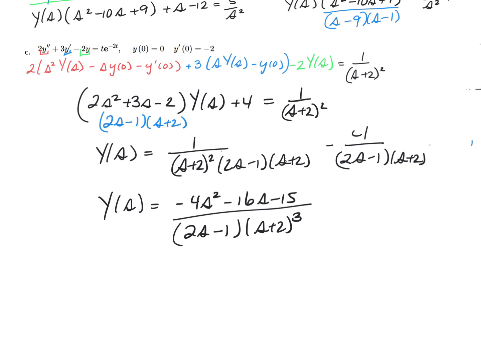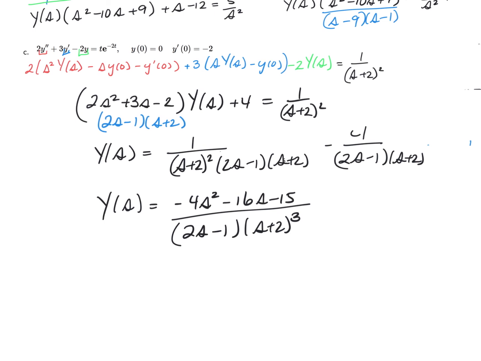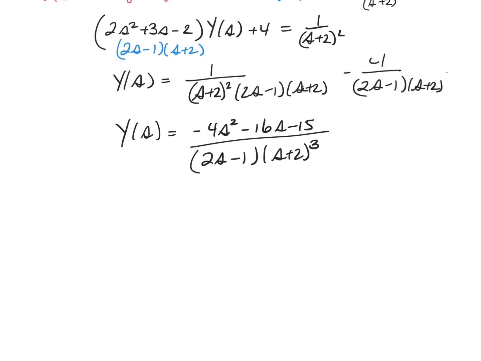I'm going to do my partial fractions, and this is going to be a whole lot of not fun. When I do my partial fractions, what I found was that all of them have a denominator of 125 for my A, B, C, and D, give or take. So after I found my A, B, C, and D, I am going to factor out 1 over 125.